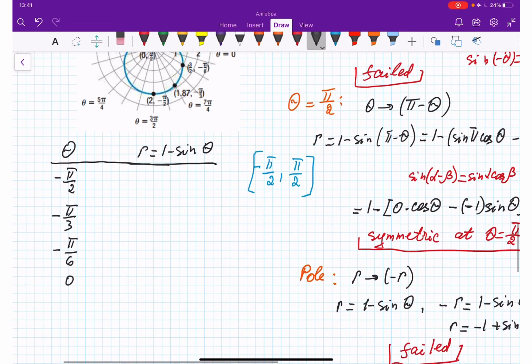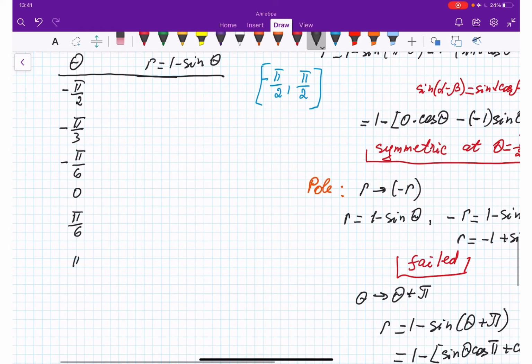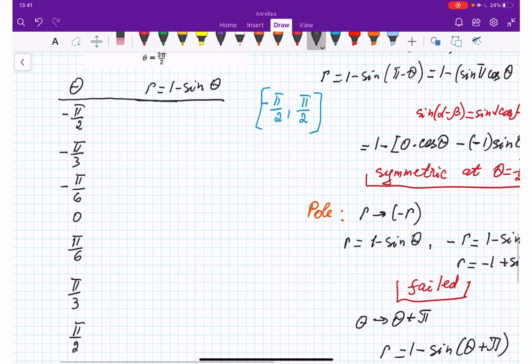And from there, we move forward with positive angles: pi over 6, 30 degrees, pi over 3, 60 degrees, and back to positive pi over 2. So it's the entire range of angles from negative half a pi to positive half a pi.